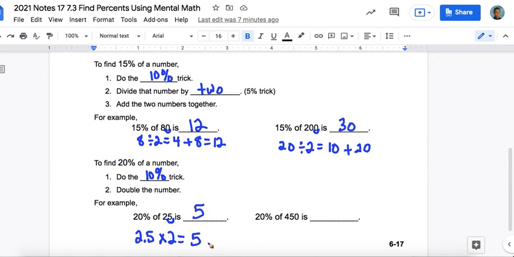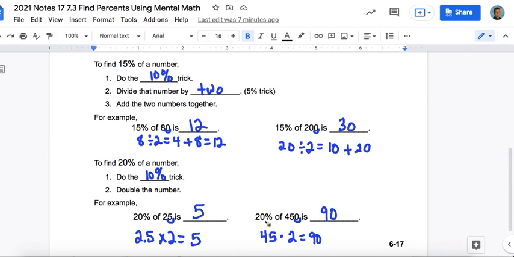So 20% of 25 is 5. Okay, 20% of 450. We're going to move it one to the left. So that would be 45. And now we're going to double it. I'm just going to use the dot this time for multiplication. So 45 times 2 is 90.